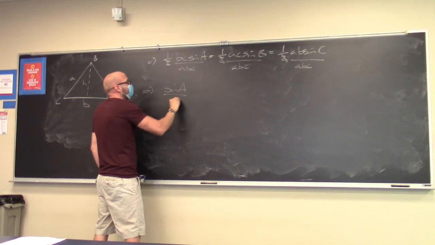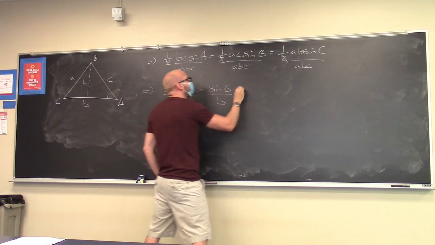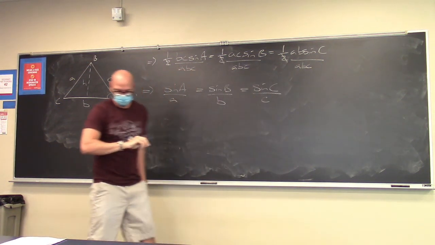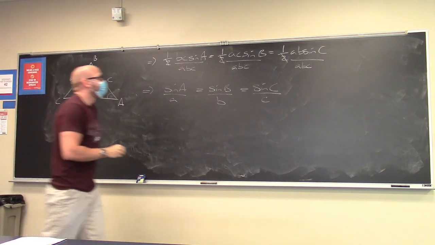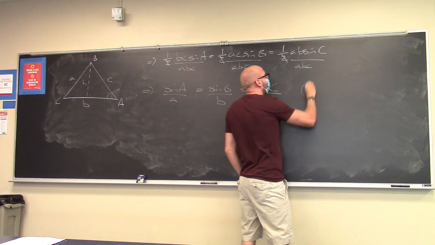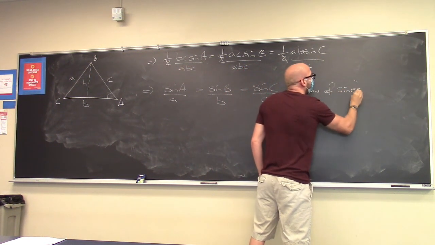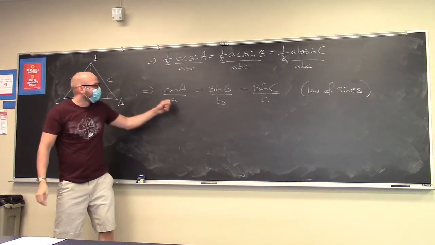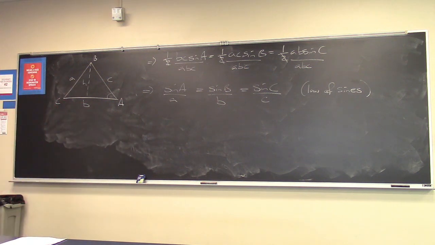Sine A over A is equal to sine B over B is equal to sine C over C. So this is the famous law of sines. Or it might be more commonly given as a reciprocal of this. Sometimes it's A over sine A equals B over sine B, but to me they're the same.